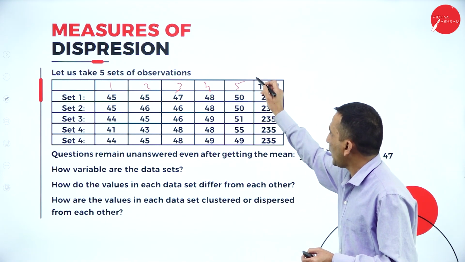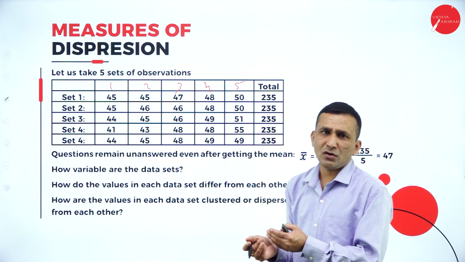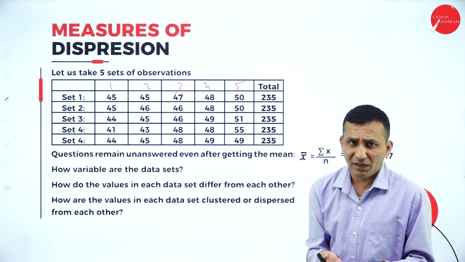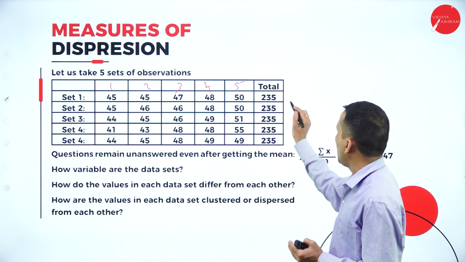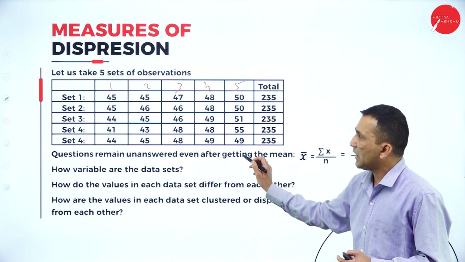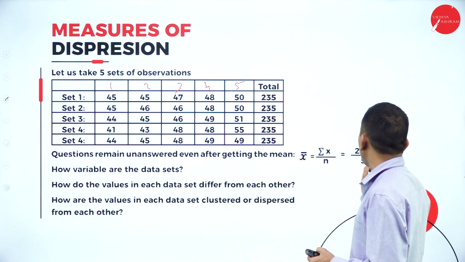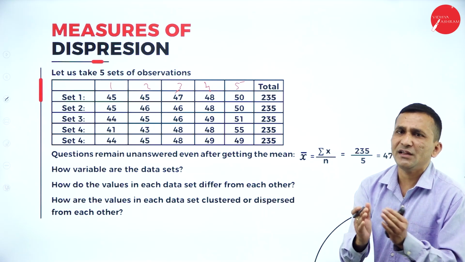Now if you try to take the total, when you are trying to do the measure of dispersion, even the standard deviation and arithmetic mean, the value is very similar. Now if you calculate the arithmetic mean from each and every set of data, we are able to get 47. Now we are not able to identify the difference.